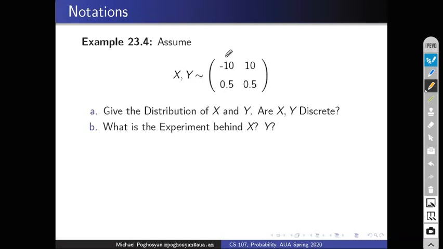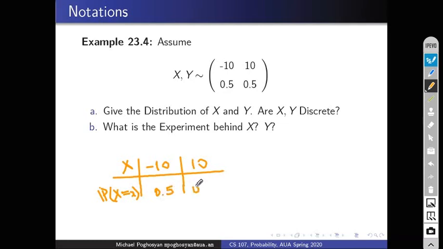This is the same as writing x is taking the values minus 10 or 10 with probabilities 0.5 and 0.5. So x is taking the value, small x, with probability 0.5 and 0.5.